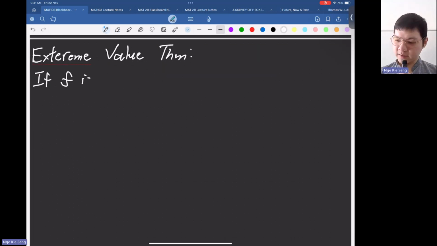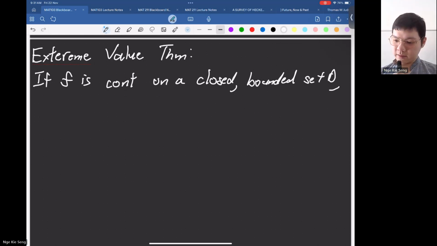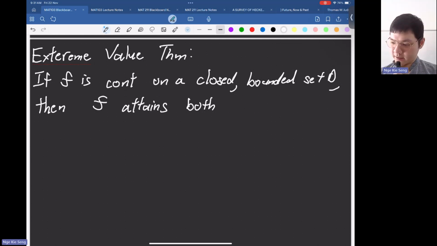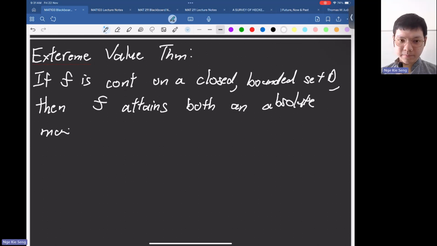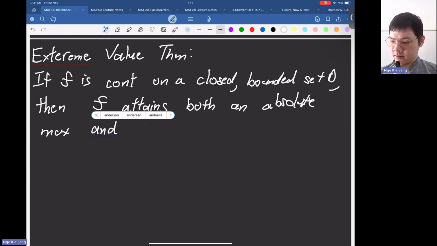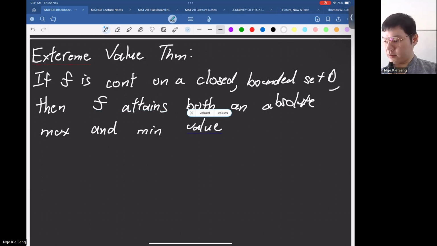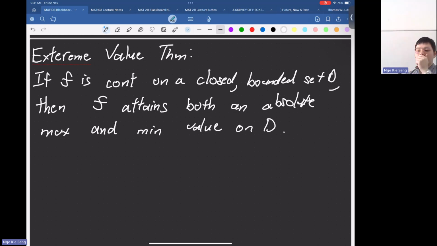If f is continuous on a closed bounded set D, then f will attain both an absolute maximum and absolute minimum value on D. Attains means achieves.